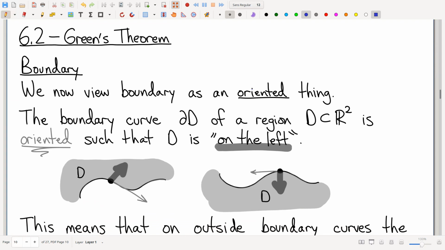6.2 is the start of a long discussion of what I'm going to call the big vector calculus theorems, which I know we haven't talked about yet, right? But let me just give you a big picture overview of what's coming up in the next several sections.